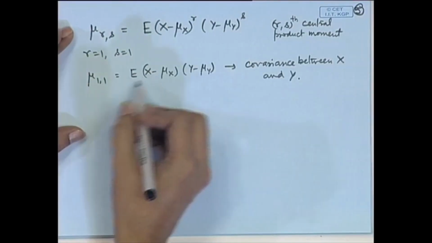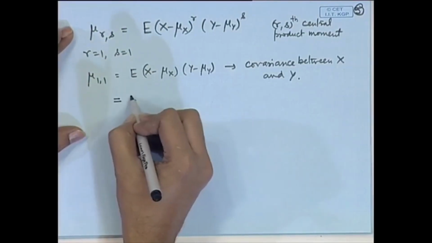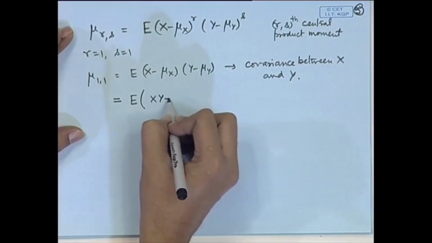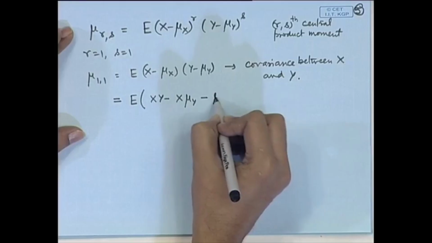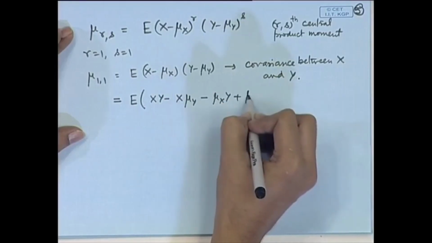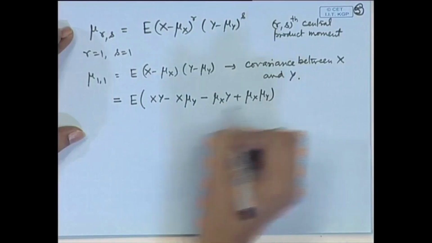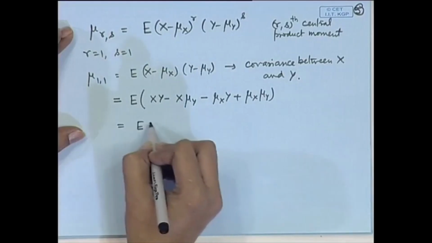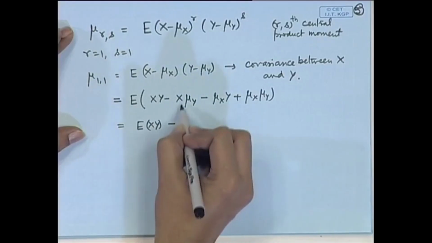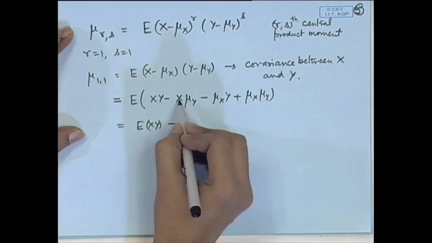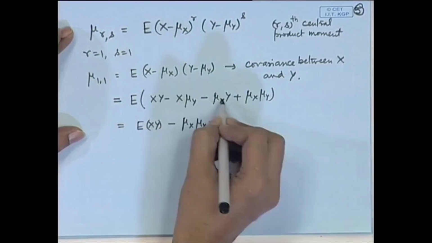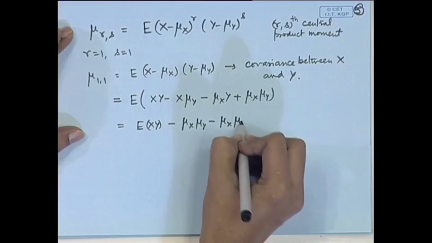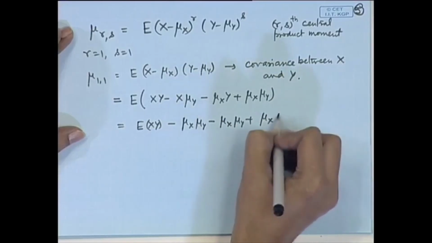We can further simplify this, we can write it as expectation of xy minus x into mu y minus mu x y plus mu x mu y, that is equal to expectation of xy minus. So, now here if we take expectation, this is mu x mu y minus mu x mu y plus mu x mu y.